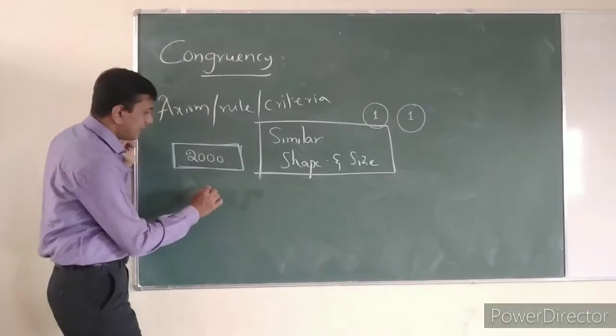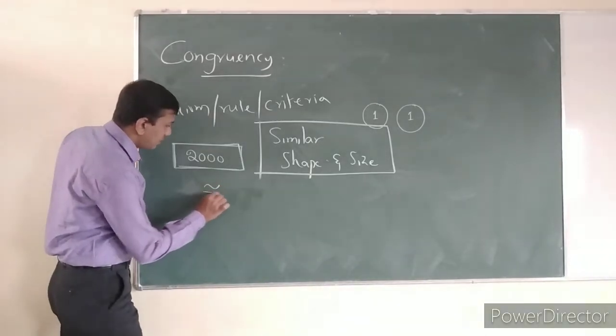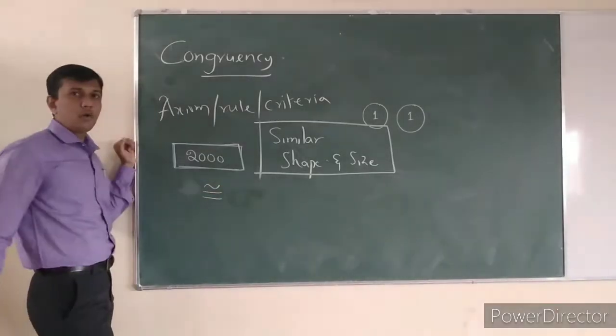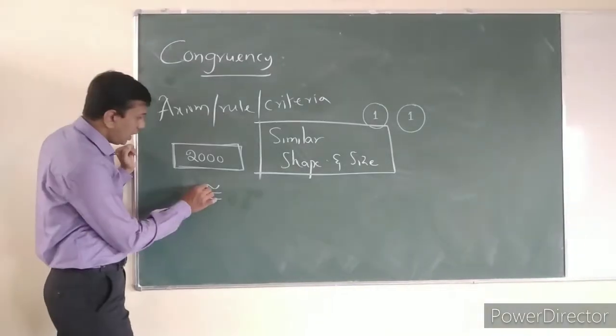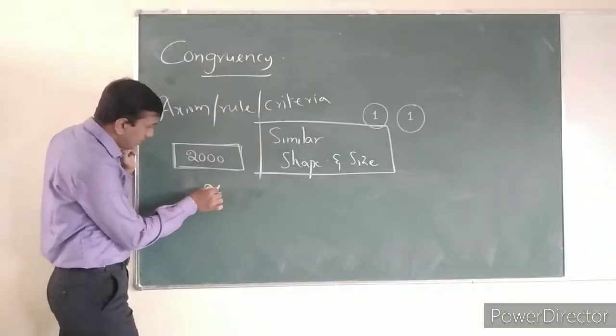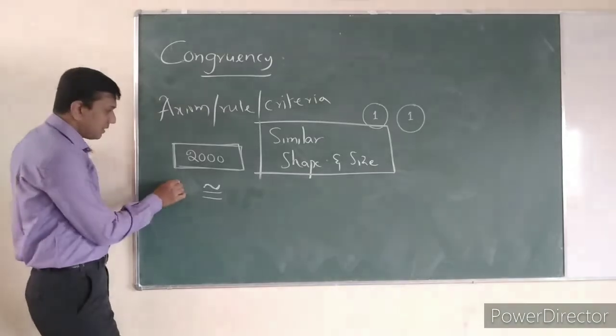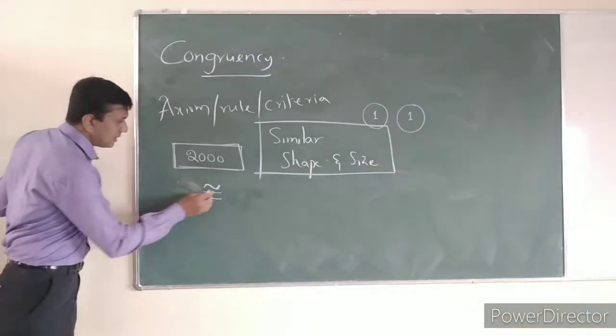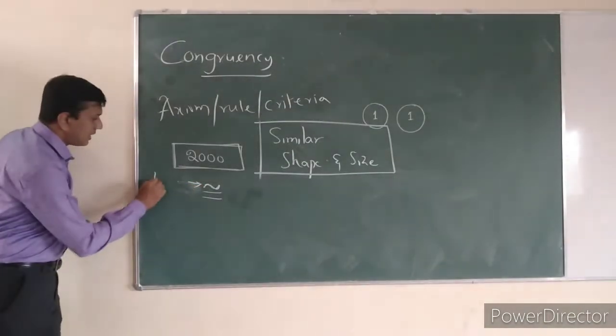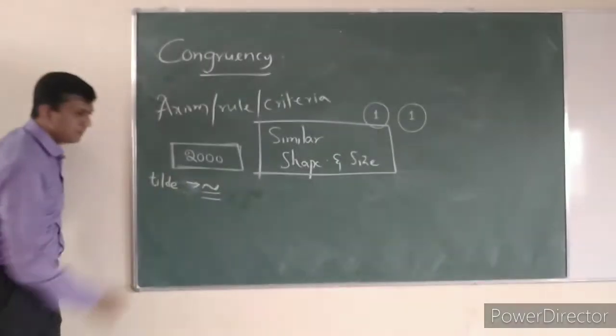This congruency is defined with a symbol called the congruent symbol. An equal to symbol with a small curved shape symbol on top, this curved shape symbol is called the tilde symbol.